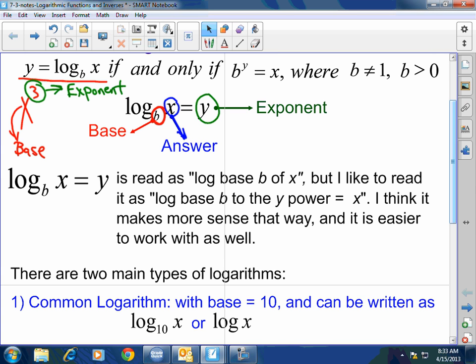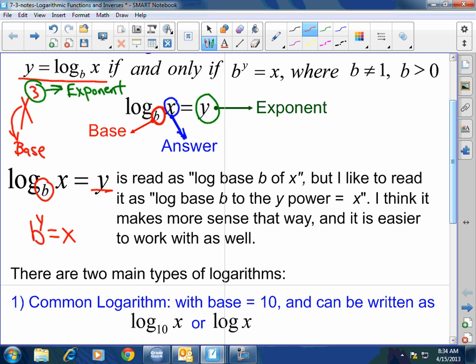The way I read it is log of base b to the y power equals x. That's what I like. Because what happens here with the log, guys, you're taking this base b, you're raising it to the y power, and it's giving you the answer x.